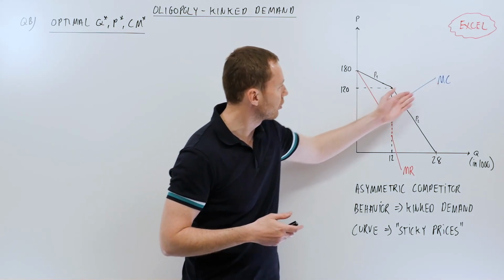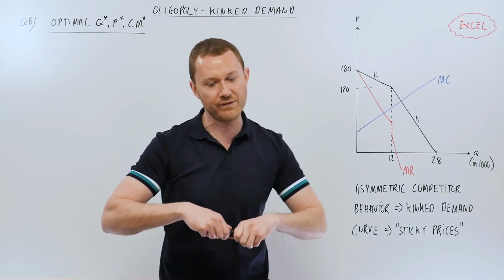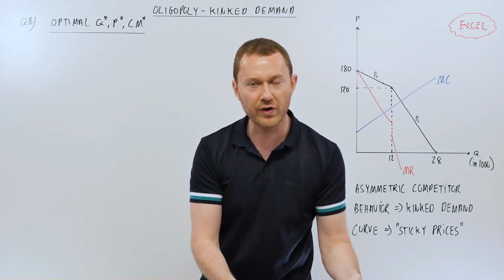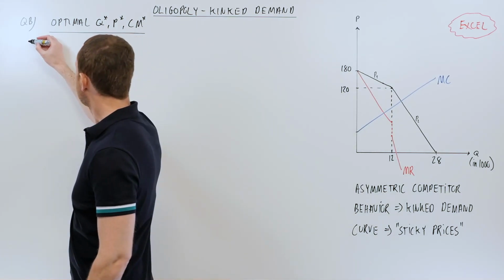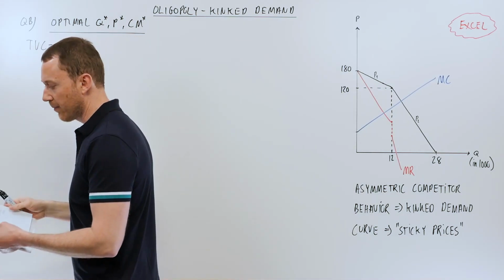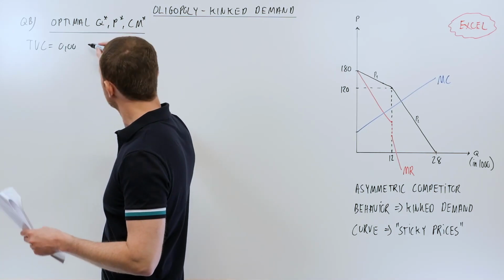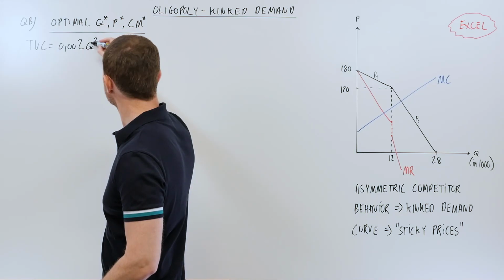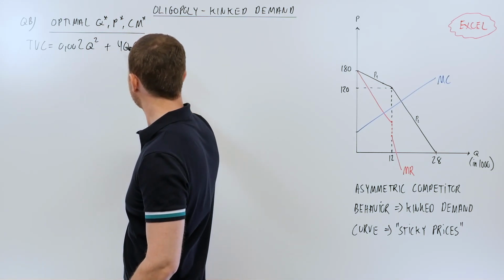Then we have the marginal cost up here. It increases and stems from the total variable cost. And that's actually the first thing we want to calculate here, the marginal cost. In the exam, we're given 0.02q squared plus 40q.